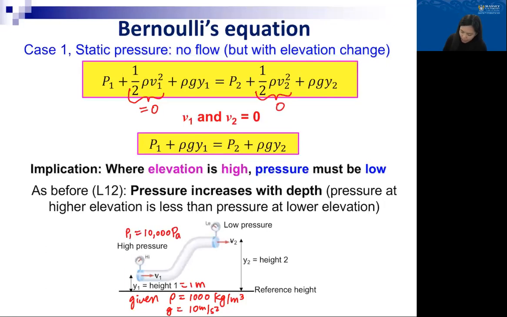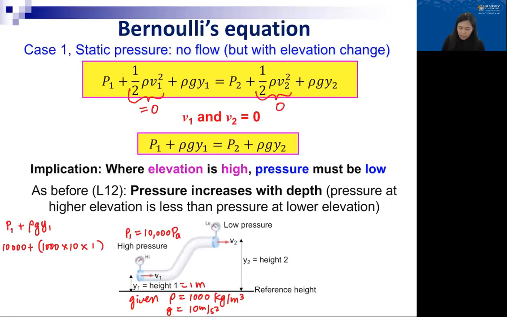Before we change the height, let's do the left-hand side of Bernoulli's equation, P1 plus rho g y1. So P1 is 10,000 plus the density 1,000 times 10 times the elevation of 1 meter.